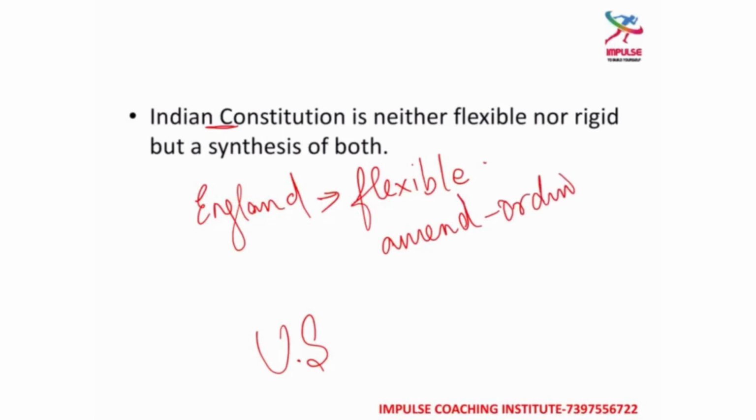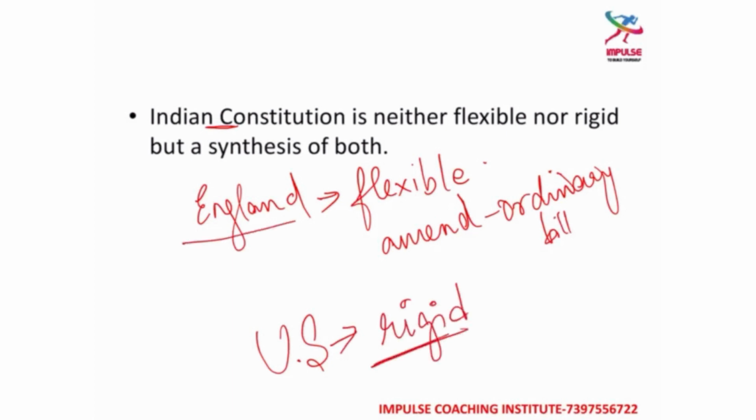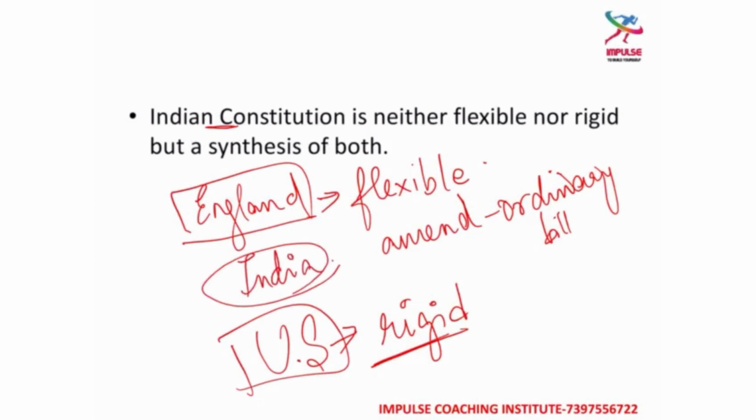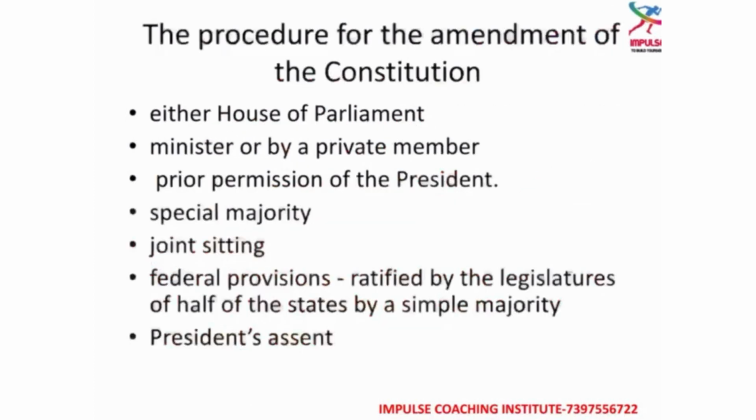Just like any ordinary bill, an amendment bill can be passed. But when it comes to the US, the procedure is very rigid. It is not easy to make amendments to the Constitution. So India has taken a middle path between England and the US. We stand somewhere between England and the US. So we can say that the Indian Constitution is neither flexible nor rigid, but a synthesis of both.